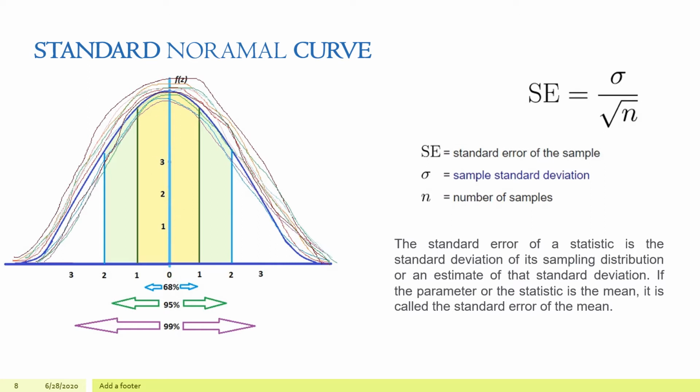Whatever standard deviation you got for this curve is nothing but the standard error. So the standard error of a statistic is the standard deviation of the sampling distribution, an estimate of that standard deviation. If the parameter of the statistic is the mean, it is called the standard error of the mean. It is given by the formula standard deviation divided by square root of n, where n is the sample size.